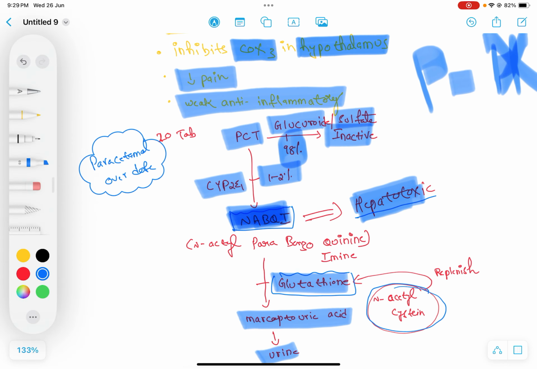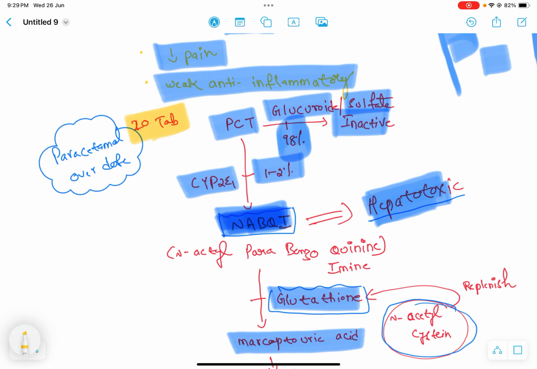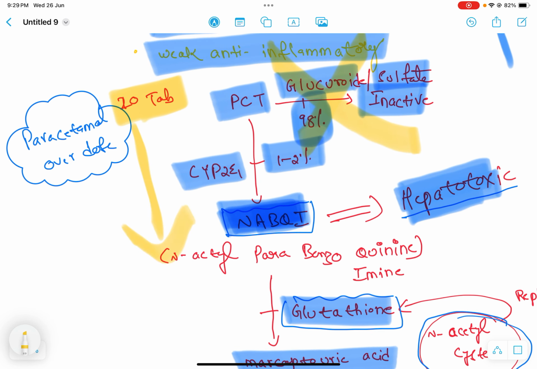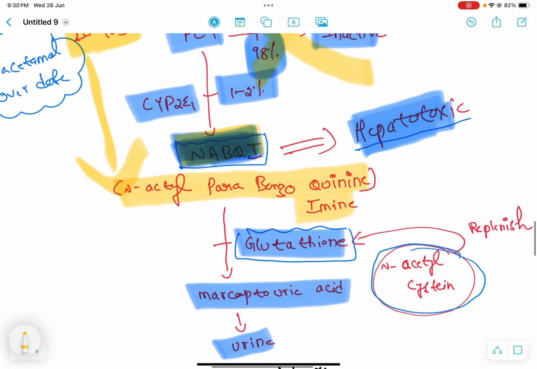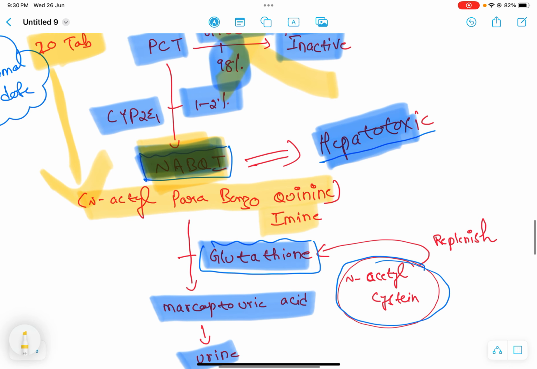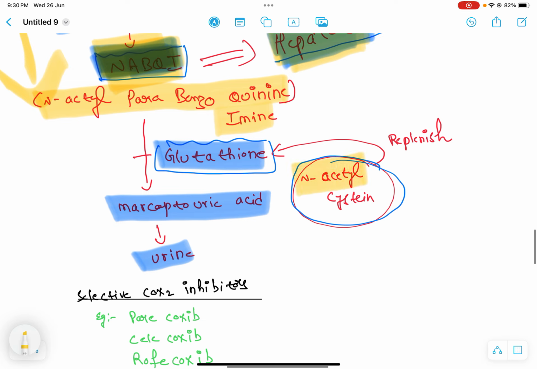Suppose a patient has taken 20 tablets of paracetamol, then what happens? This cycle gets saturated, and all the drug will shift in this direction. Therefore, it causes the accumulation of NAPQI, that is N-acetyl-para-benzoquinone imine, and accumulation of this NAPQI will cause hepatotoxicity. So, to decrease this problem, we give N-acetylcysteine to the patient.